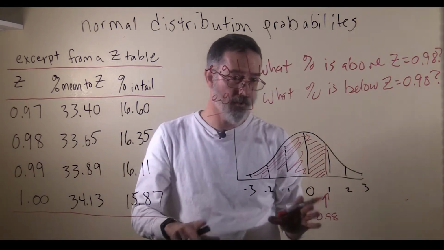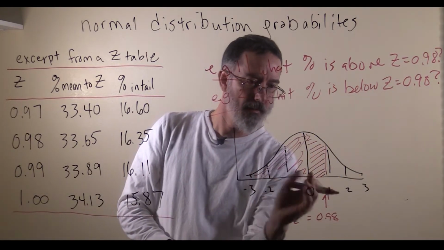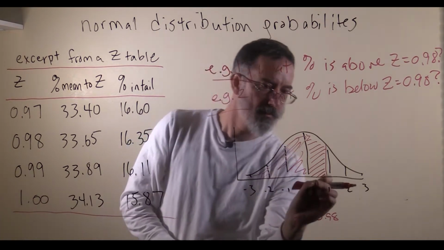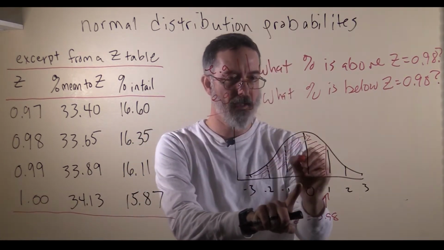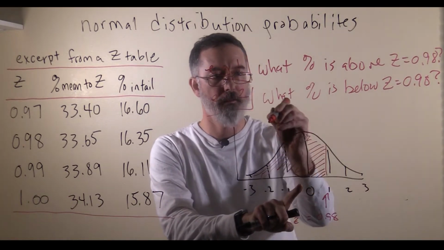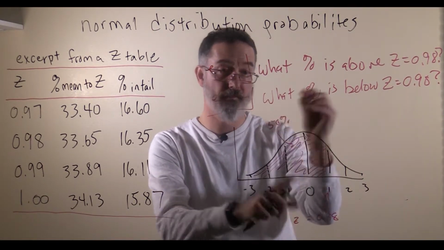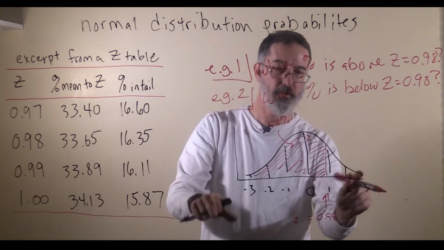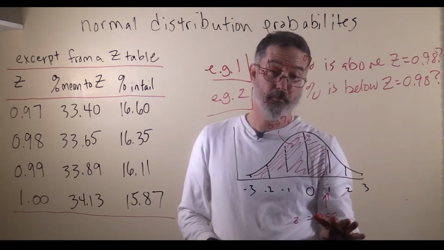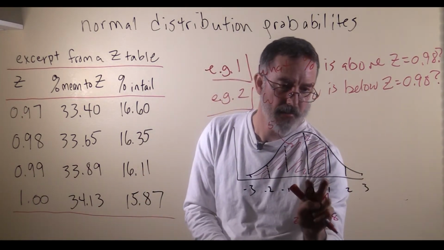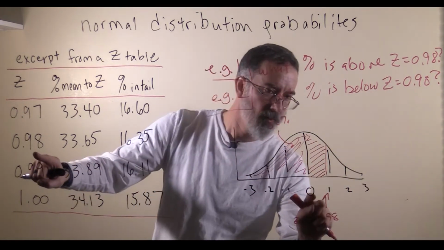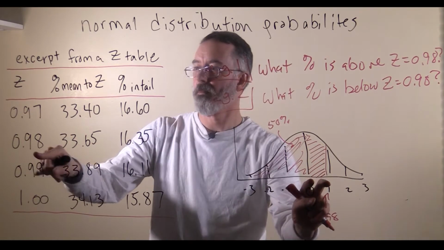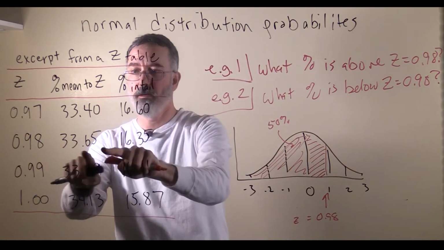Okay, well, one way to solve this would be to add everything below 0 to everything that's relevant above 0. So this whole half is 50% because it's a symmetrical distribution. So we don't even need the z-table for that. And now to get this, we need the z-table. So our z-score is 0.98, and we want the percent between the mean and the z-score.